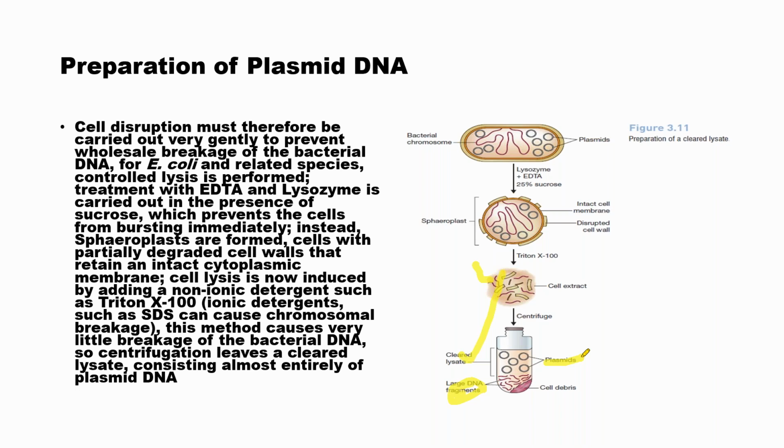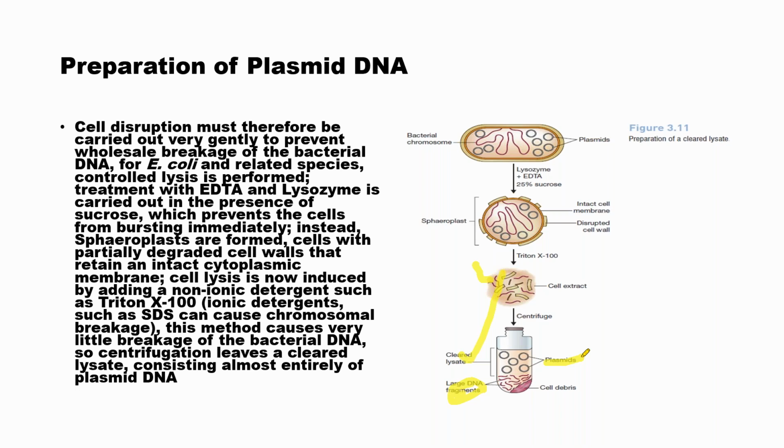As a result, a spheroplast is formed with an intact plasma membrane but a disrupted cell wall on which the chromosomal DNA is attached. After that, instead of an ionic detergent such as SDS, which may cause chromosomal DNA breakage, we are using a non-ionic detergent such as Triton X-100 for the preparation of plasmid DNA, which leads to gentle cell lysis.